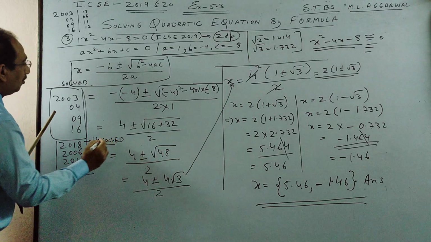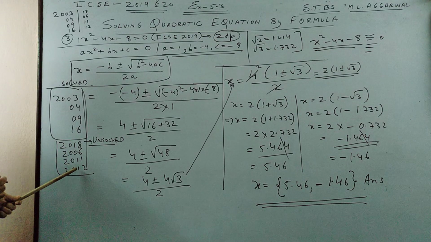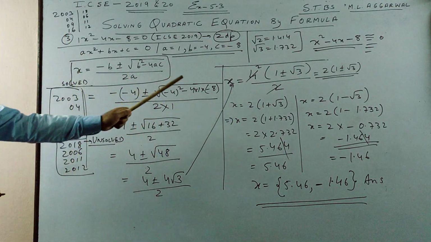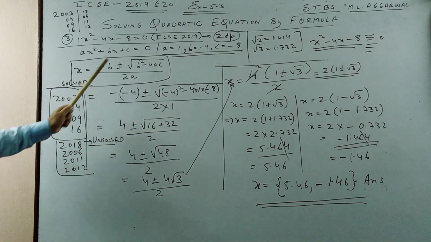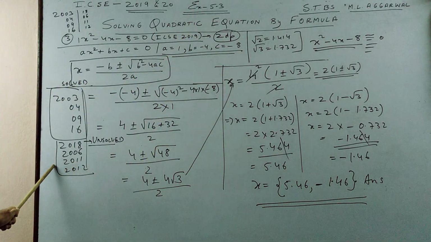So please solve the 4 solved examples and then do the 4 unsolved, and I have already done 2. So if you do total 10, 2 mine you do, 4 solved you do, very good questions in ML Aggarwal's book, exercise 5.3, and 4 unsolved you do.